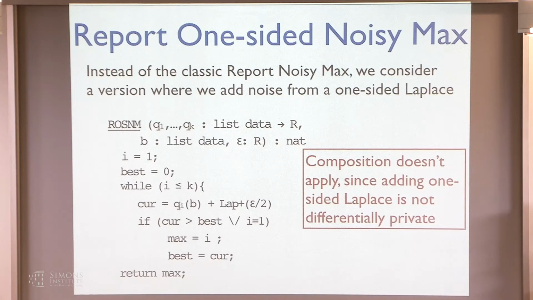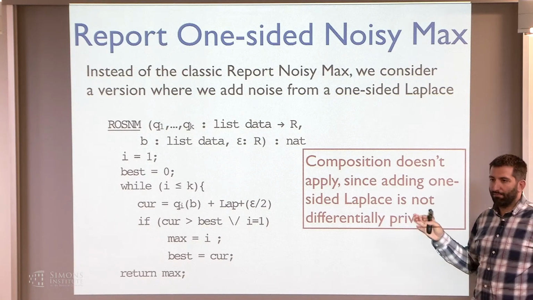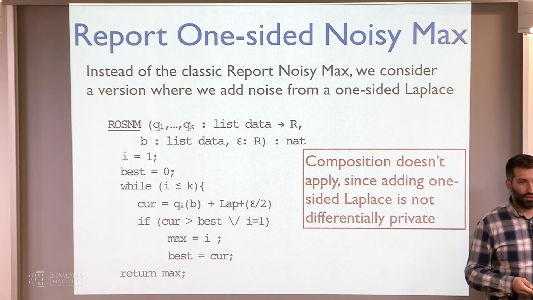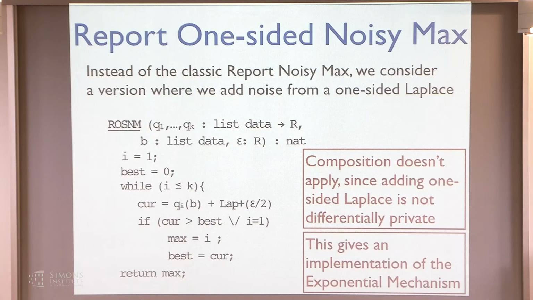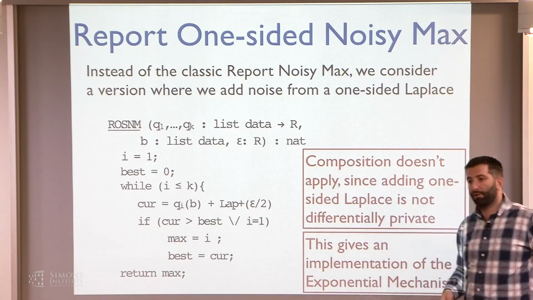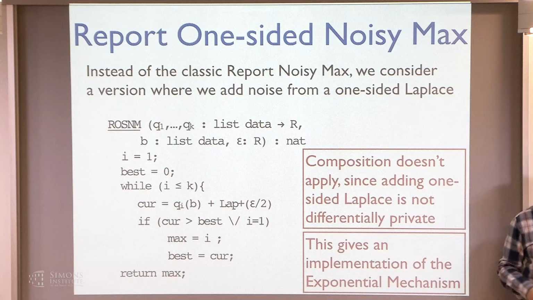First, because composition doesn't apply at all here, because one-sided Laplace is not even differentially private, so we cannot apply composition. Second, this gives an implementation of the exponential mechanism. So at the end of the day, what we will prove is that an implementation of the exponential mechanism done through this report noisy max is differentially private.